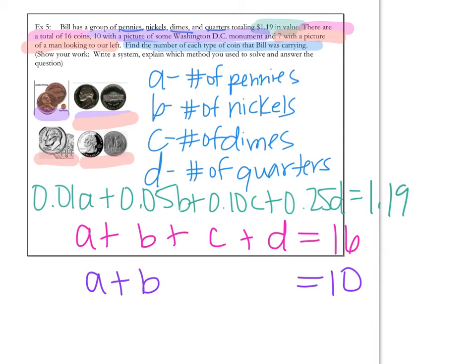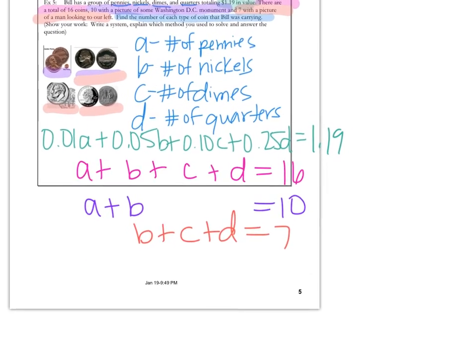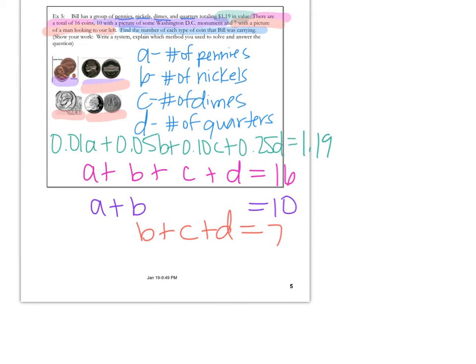So it's not A, but B plus C plus D has to equal 7. So you're using the information you can gather about the coin, and you're writing equations just based on using that information only.